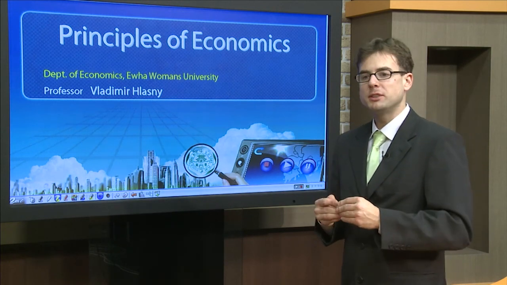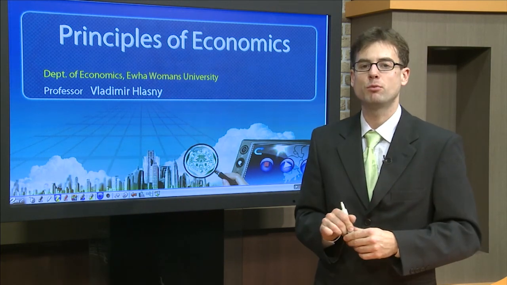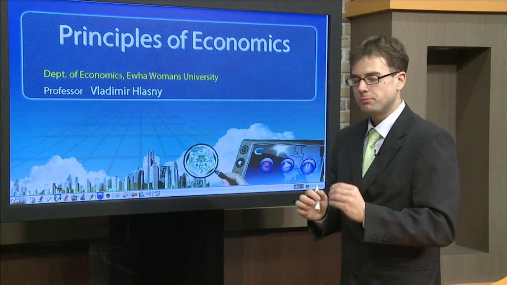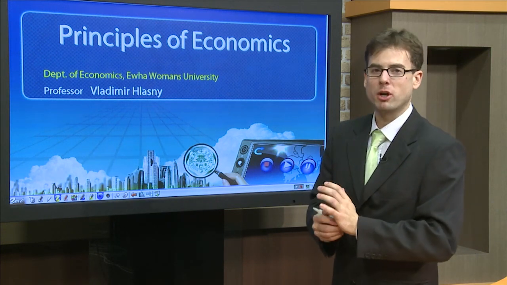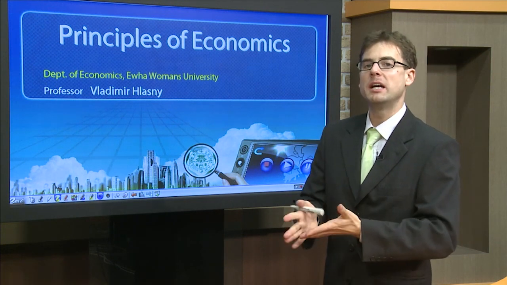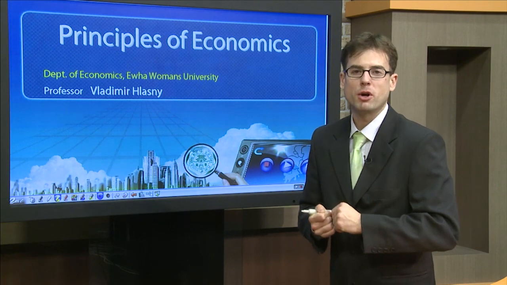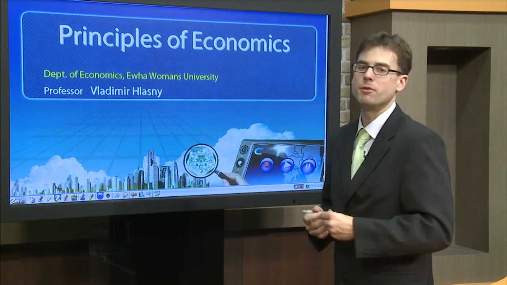And in chapters 15, 16, and 17, we will look at market power. If the competition in the marketplace is not perfect, we will say that the government can improve on the free market welfare if it intervenes in the market.